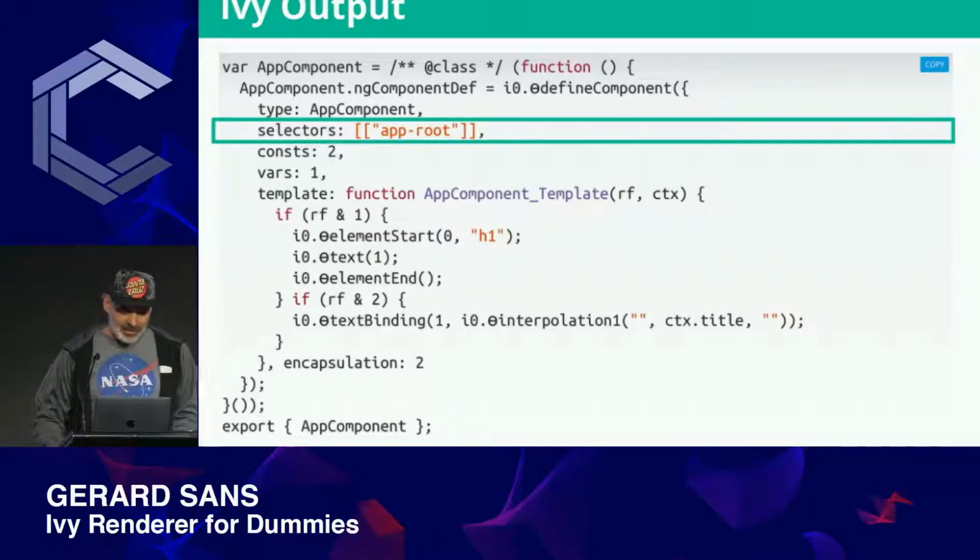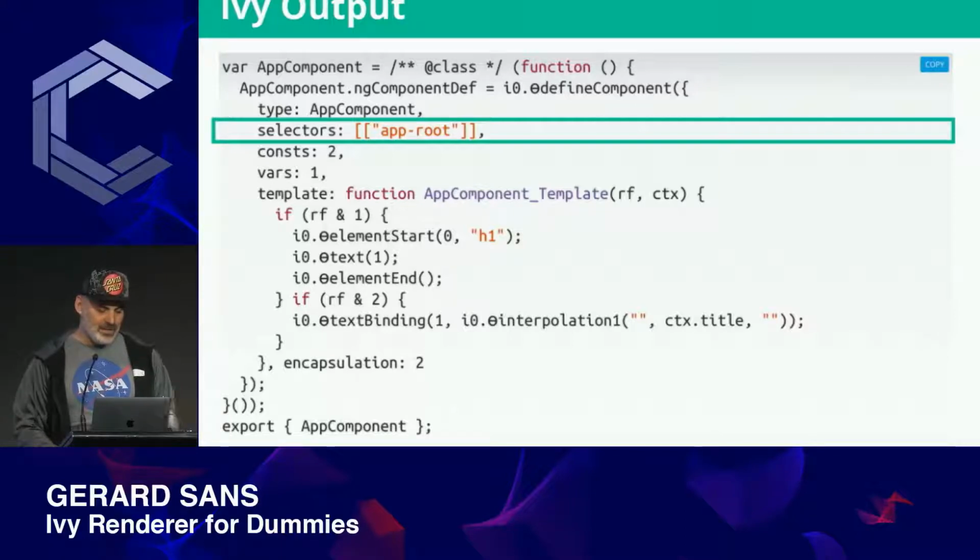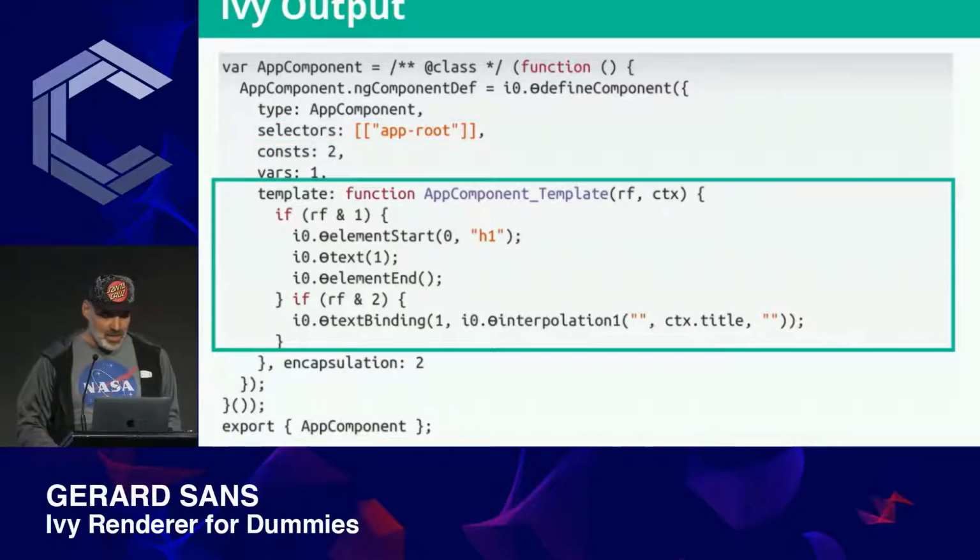So we have the selector, which we are familiar with. That's the element where we are going to be doing our rendering. Then we have our template, which comes with these two arguments. RF is render flags, and context is just the instance.